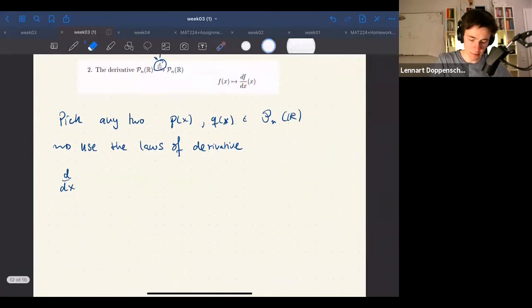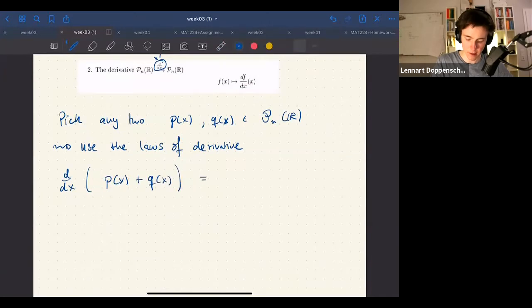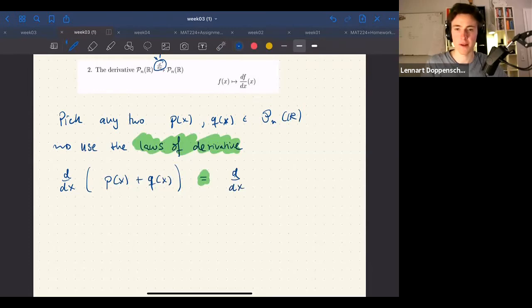So if we want to compute this applied to the sum of two polynomials, p of x plus q of x, then this is exactly where the laws of the derivative come in. You've learned that the derivative of a sum is just the sum of derivatives, d by dx of p of x plus d by dx of q of x.